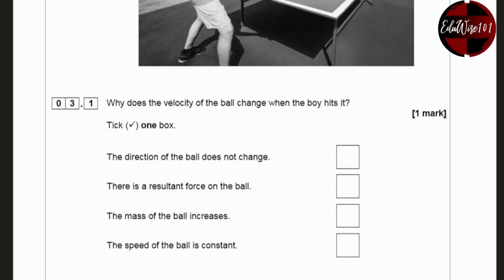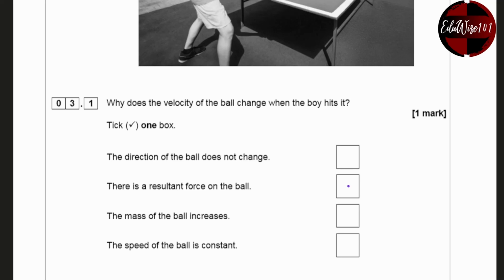Well, once he hits it, the ball is not going to speed up. It has a higher speed the moment it bounces, and then it slows down eventually. That's mainly because there's a resultant force, which is basically the air resistance. So there is a resultant force on the ball.